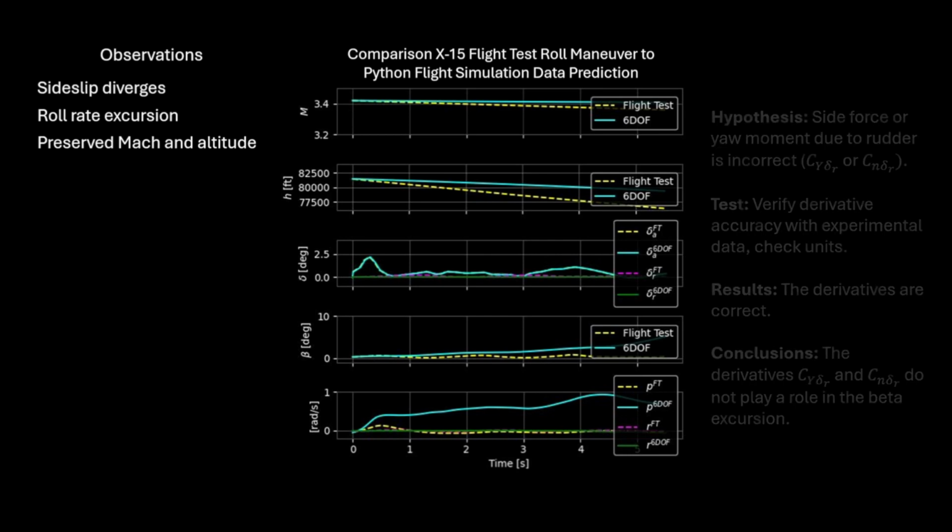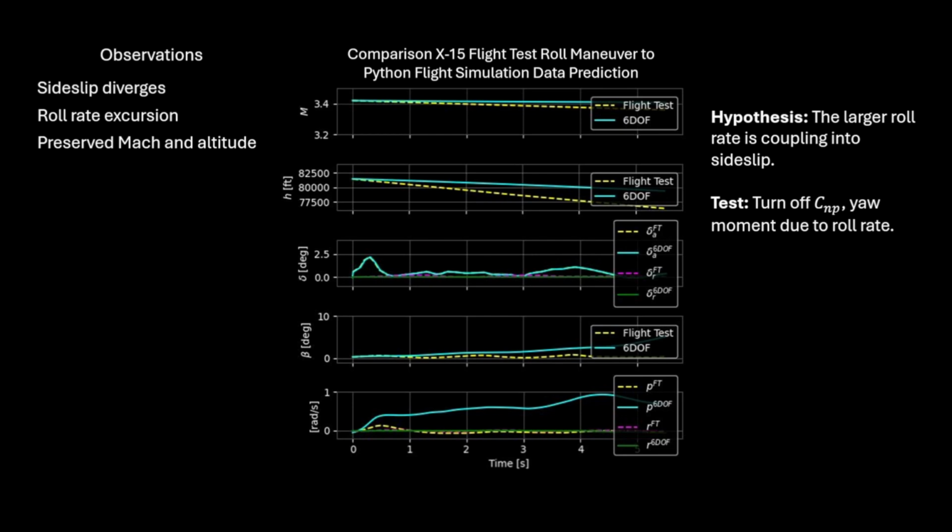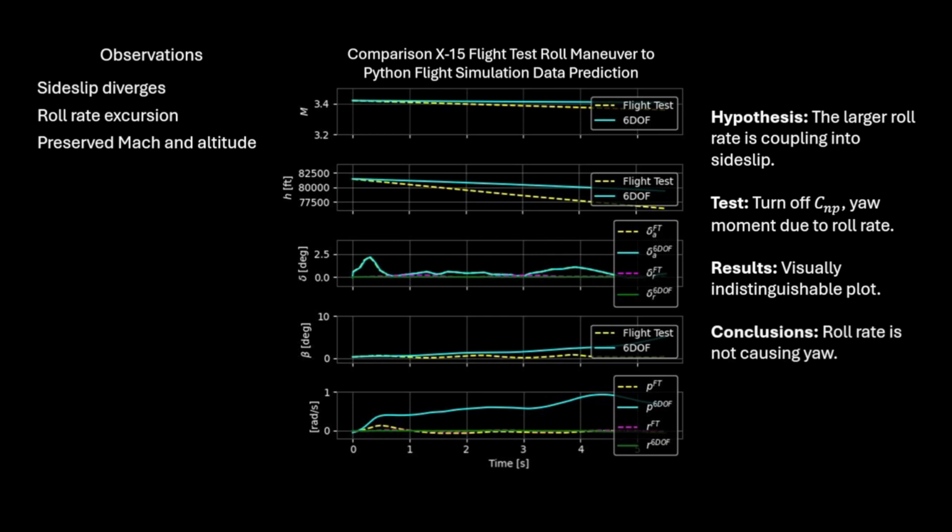Since a noticeably larger roll rate is shown in the bottom plot than in flight test, the next thought is that roll rate is coupling into yaw through CNP. So we turn off CNP, yaw moment due to roll rate, and find that the results are visually indistinguishable from the previous simulation. We therefore conclude that roll rate is not the source of the side-slip divergence.